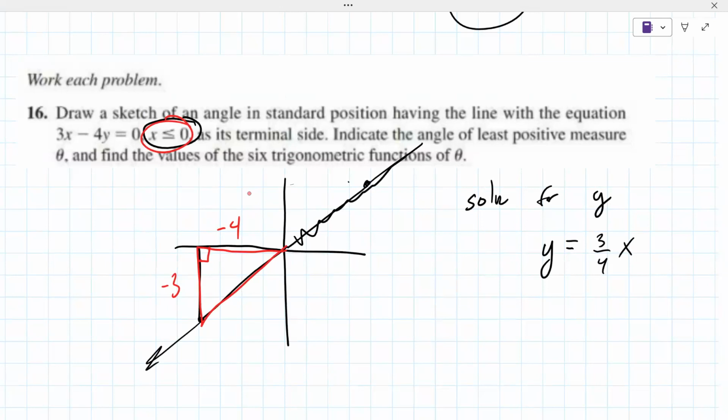Oh, because the x values are, okay, that makes sense. But why would it be -3 and -4? It says the angle is always made with the x-axis.